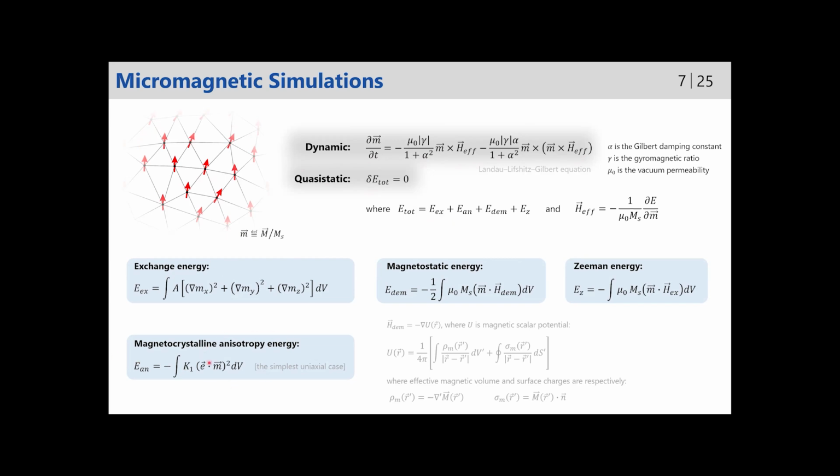We can account for anisotropic properties of each grain using magnetocrystalline anisotropy energy, and other terms like interaction with external magnetic fields and the attempt of a magnet to minimize the magnetic fields created in the surrounding space. So in a nutshell, that is micromagnetic simulations.